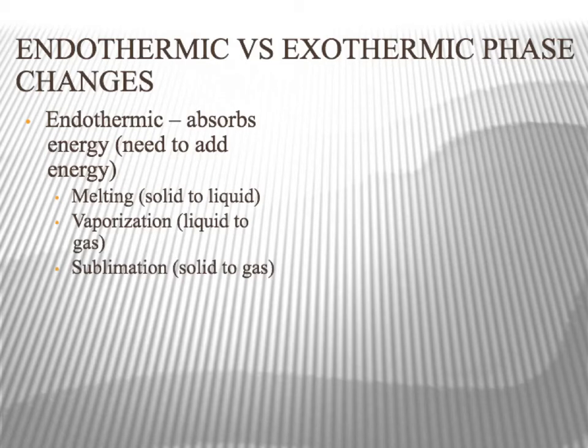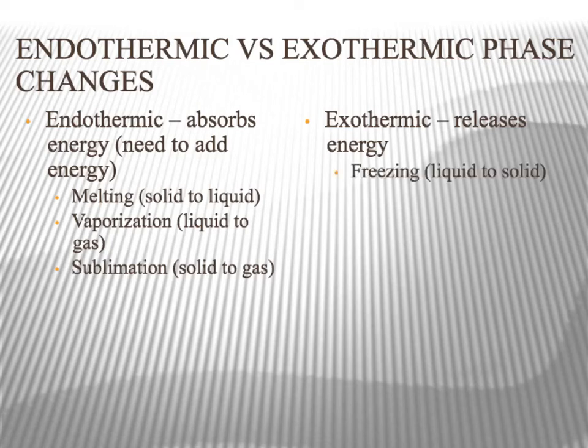The other thing that I want you to realize is that solids we think of as having relatively low levels of energy and gases having high levels of energy. So endothermic processes will add that energy to put that phase of matter at a higher state of energy. Now, exothermic processes, they are ones that release energy or give off heat.